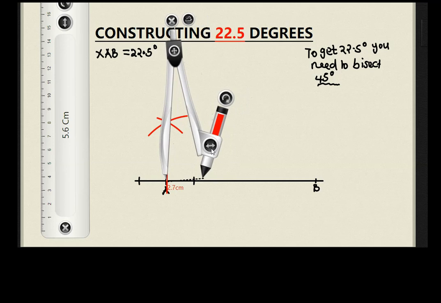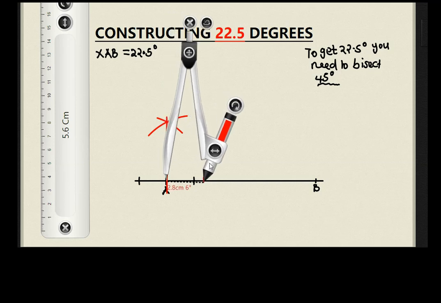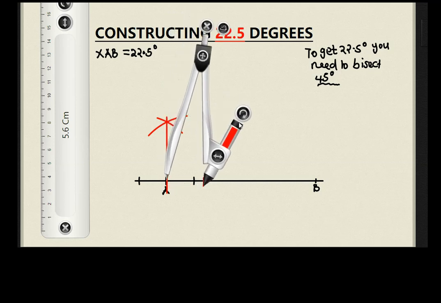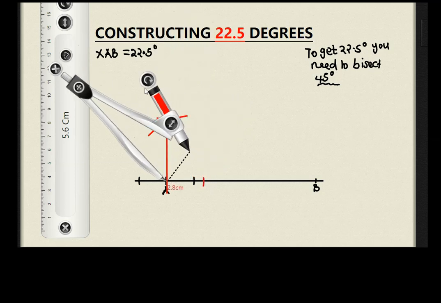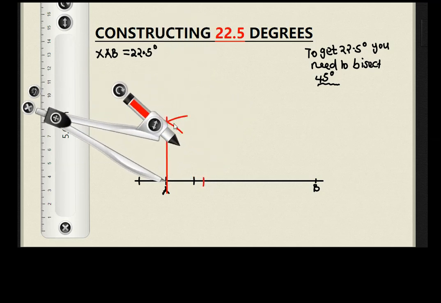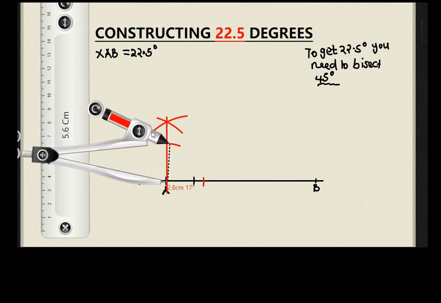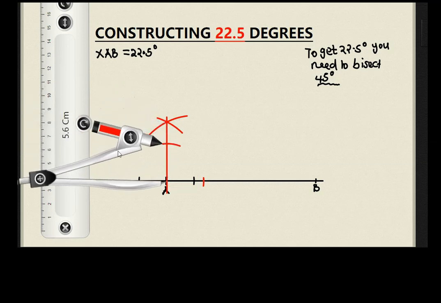I'll adjust the radius and then draw an arc to cut this line, and again draw another arc to cut that line that forms 90 degrees on that point.